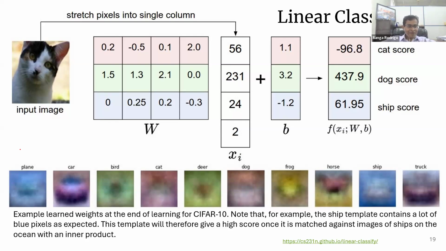Let's look at this now. I said that this cat image is a color image, 32 by 32, let's say. Color means three colors have to be given, RGB. So 32 times 32 times 3, I think 3072 or something.